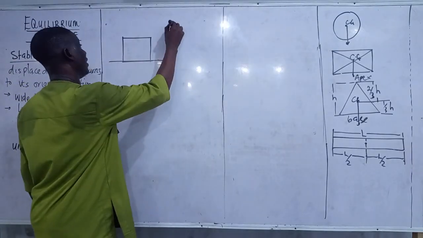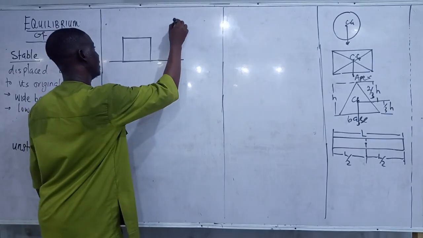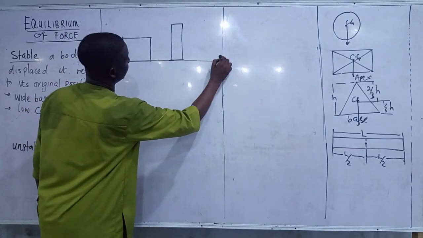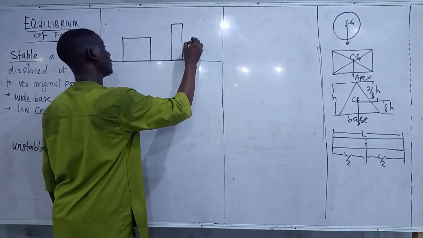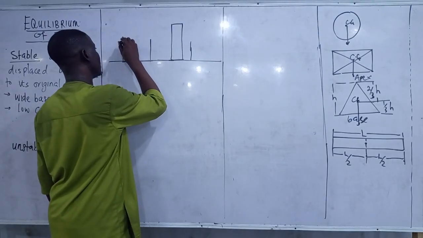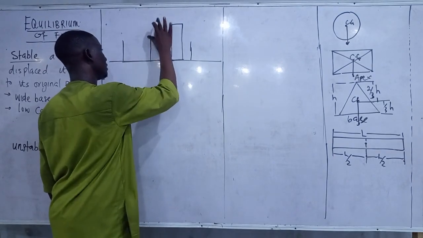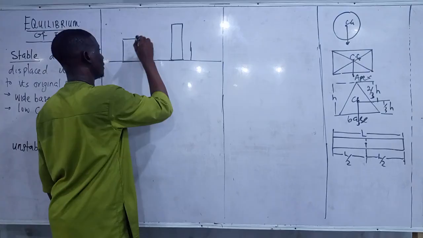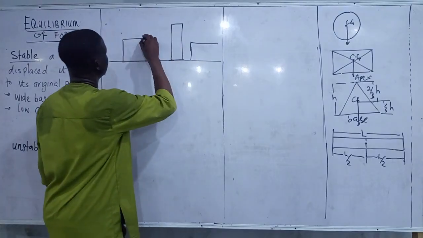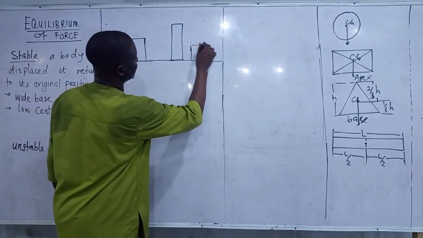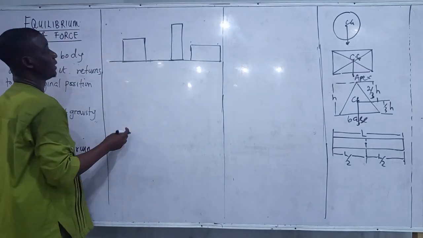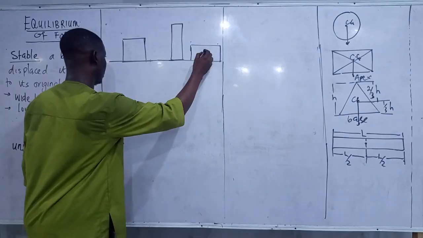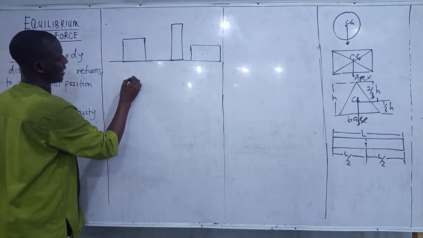For example, if I draw another one here, this is unstable. Let me draw another one here. Now, this one is resting on its widest part. This is neutral. I can have another one like this.